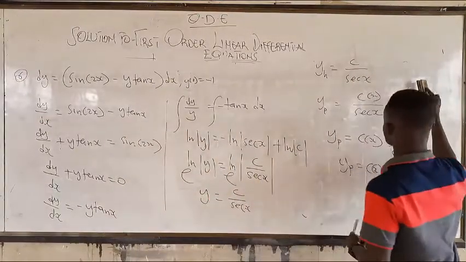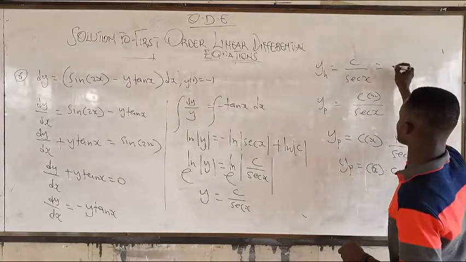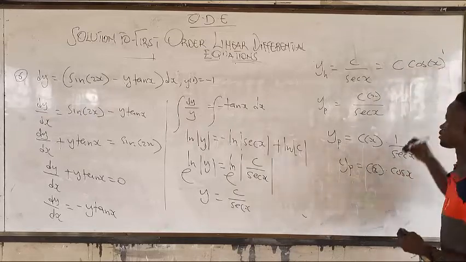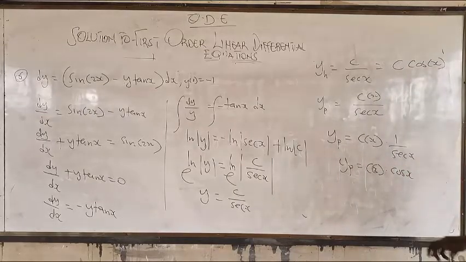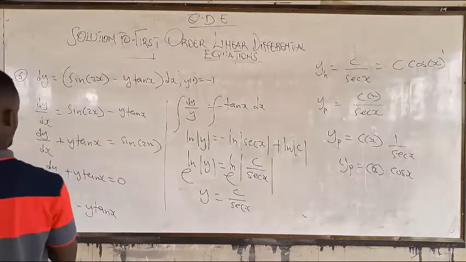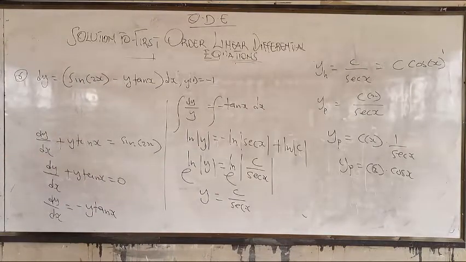And for that case, same as C cos X. So we now go and take the derivative of this. You know the process already. Alright. Oh, I will need that part. Okay, this part.